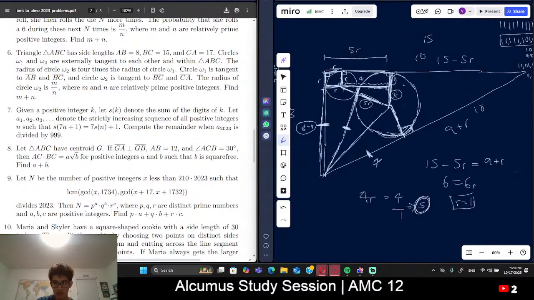And so this entire thing is indeed going to be 5R. If this is 5R, 3R, and if this is 4R, what do we do from here? 4R plus R, which is 5R. So it's 15 minus 5R over there.